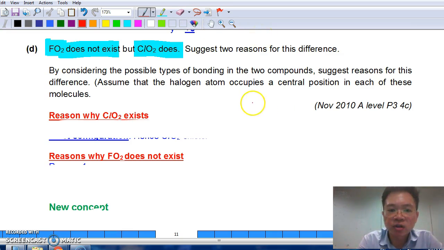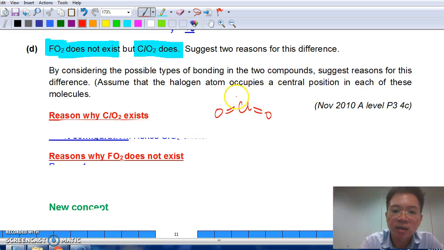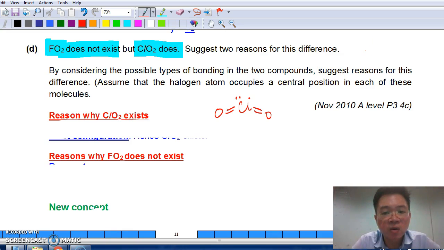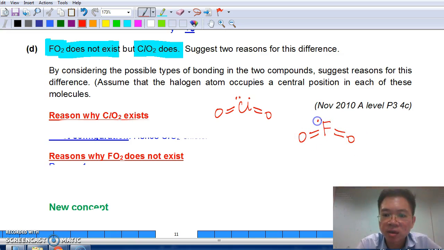If we were to draw the structure, ClO2 would have a structure like this: double bond, and then we have lone pair, and then unpaired electron. This is the structure of ClO2. But it's not possible to draw FO2 like this. If we were to draw FO2 like this, let's count the number of electrons surrounding F: 1, 2, 3, 4, 5, 6, 7, 8, 9, 10, 11.